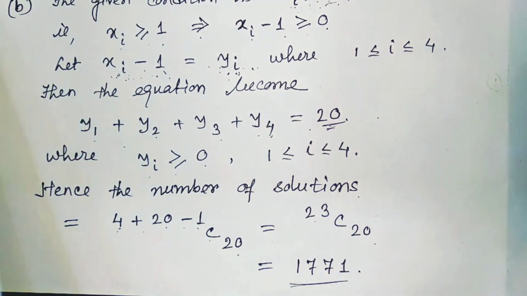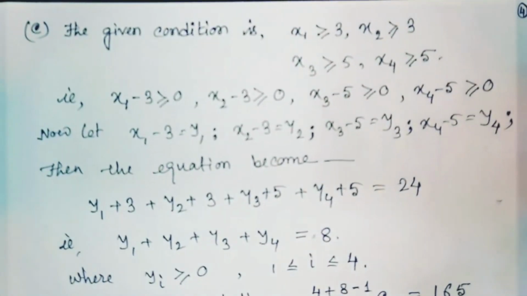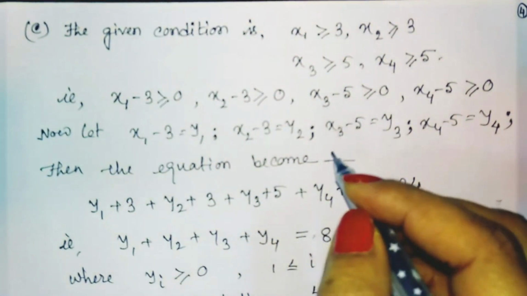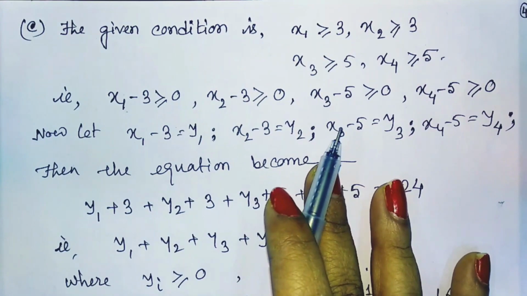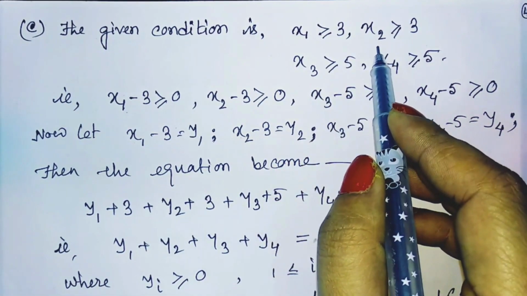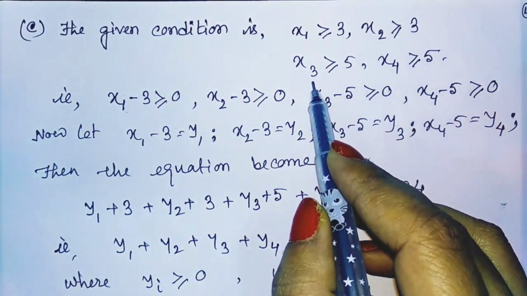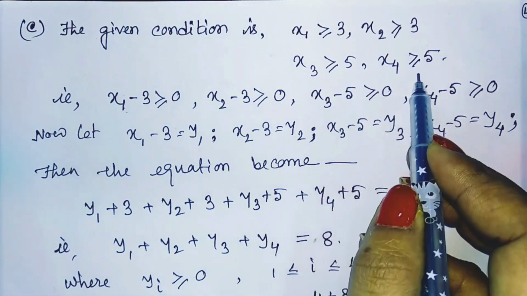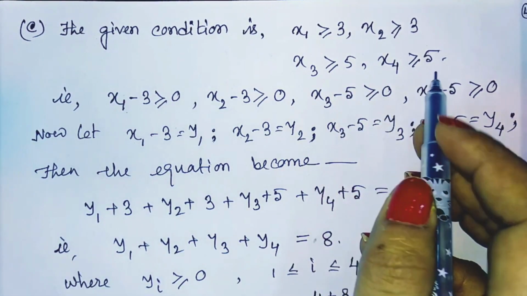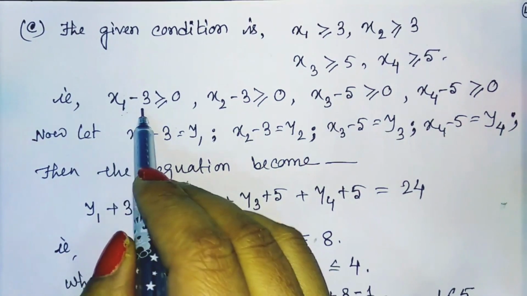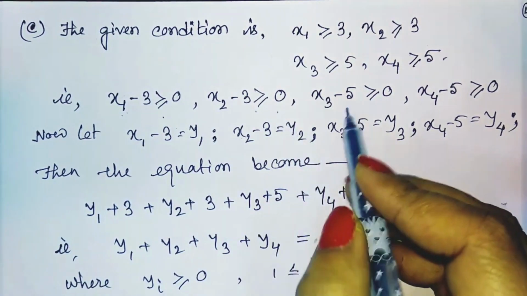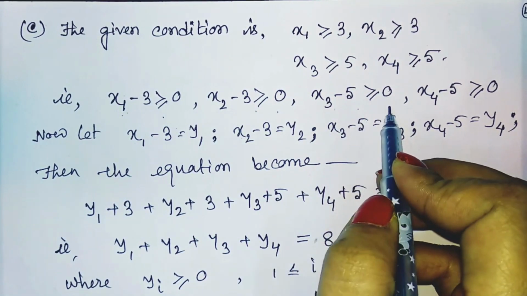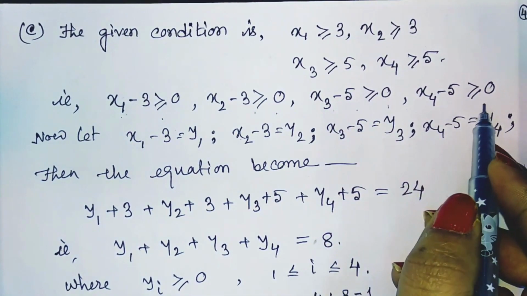Now it is the third situation, where it is given that x1 is greater than or equal to 3, x2 is greater than or equal to 3, x3 greater than or equal to 5 and x4 greater than or equal to 5. So we can write x1 minus 3 greater than or equal to 0, x2 minus 3 greater than or equal to 0, x3 minus 5 greater than or equal to 0, x4 minus 5 greater than or equal to 0.